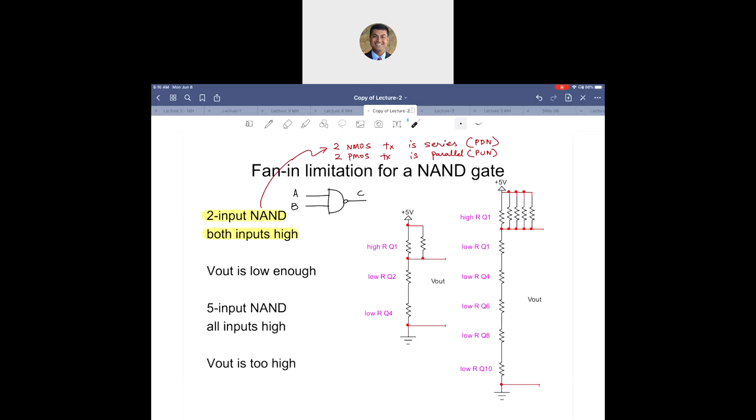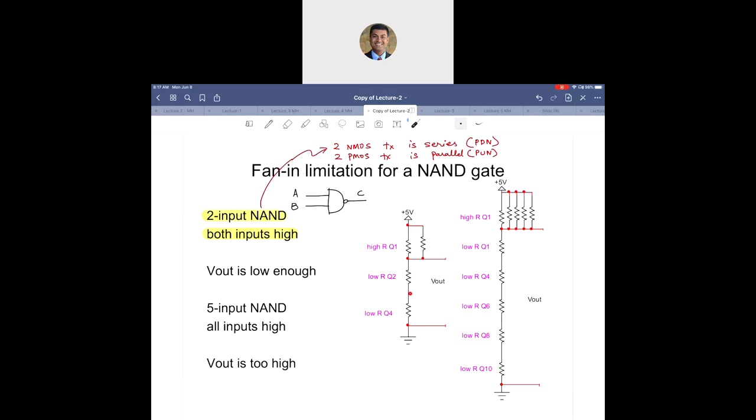Then if you increase the number of inputs, so we are increasing the fan in over here, to a 5-input NAND gate, we are going to add 5 NMOS transistors in series in the pull-down network and 5 PMOS transistors in parallel in the pull-up network. However, this could lead to a problem.